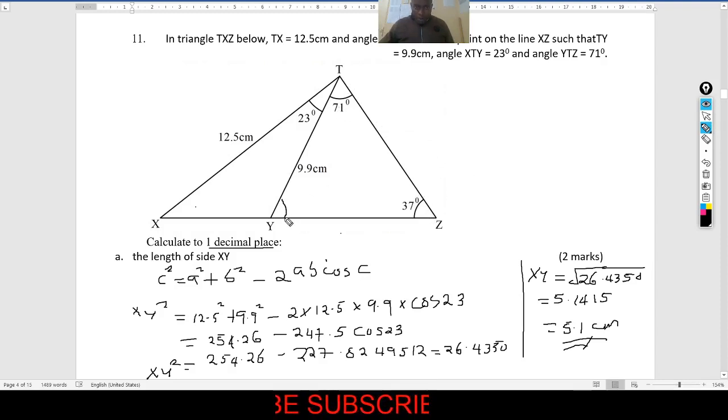I need angle TYZ, which is equal to 180, because the sum of angles of a triangle add up to 180, minus 71 plus 37. This gives you 72 degrees.